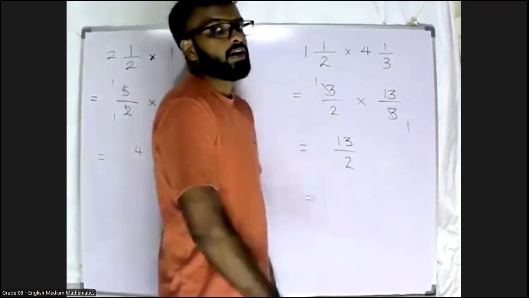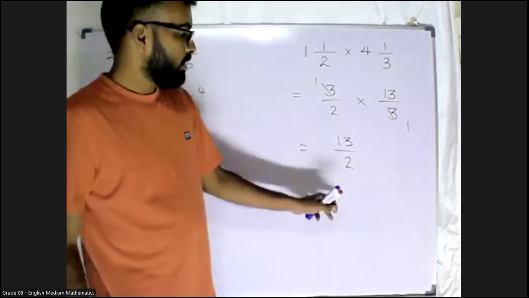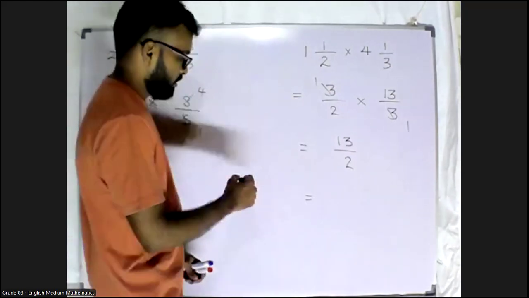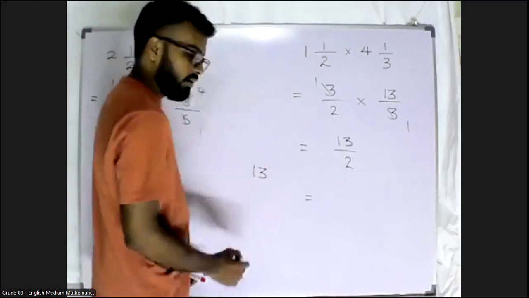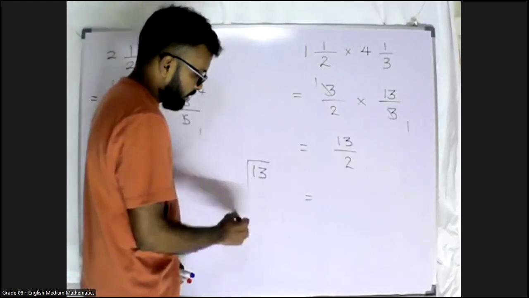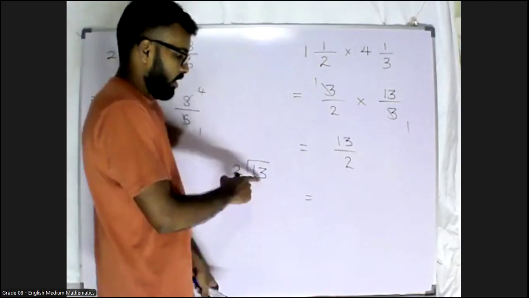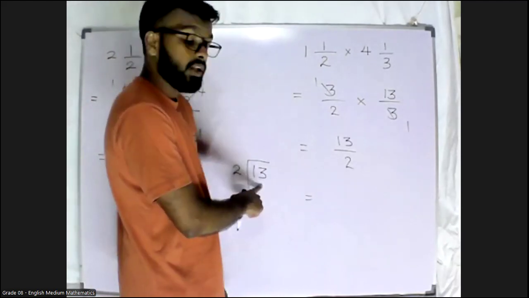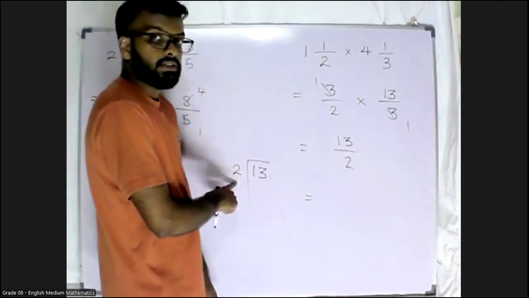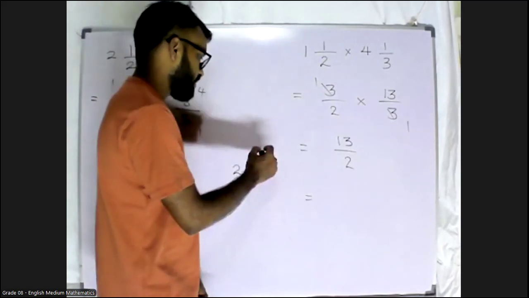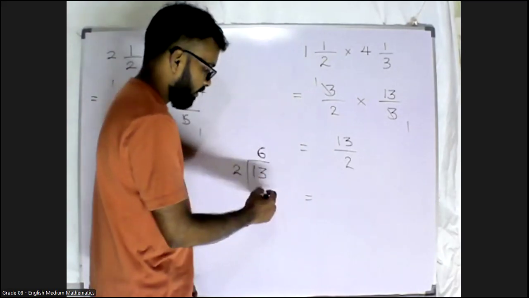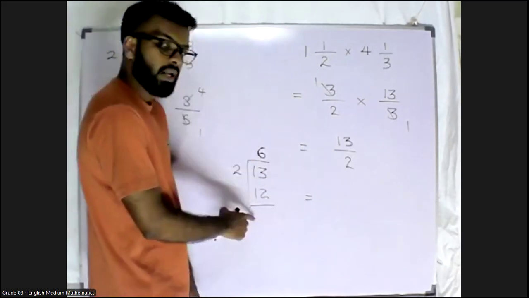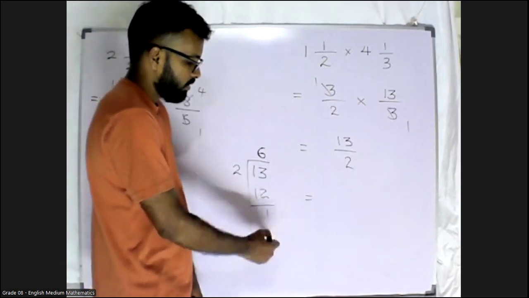So numerator 1 times 13, denominator 2 times 1, 2. This is an improper fraction. You know how to convert it into a mixed number. 13 divided by 2. Long division. How many 2s are there in 13? I think 6, right? 2 times 6, 12. Get the subtraction. 13 minus 12, 1.